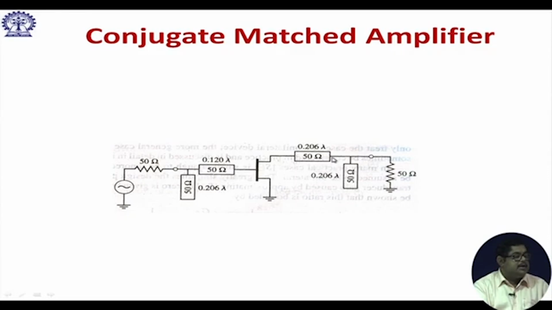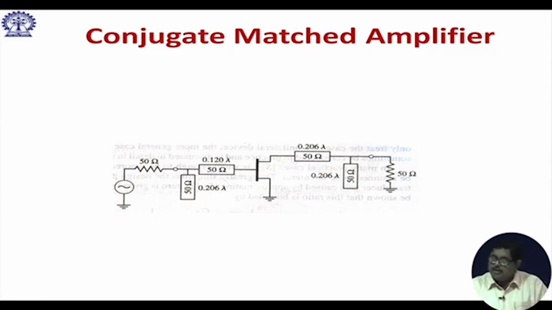Similarly, here, a transmission line of length 0.206 lambda, and the stub is also 0.206 lambda. Now from this side the source will see a 50 ohm impedance. Similarly, from this side the load will see a 50 ohm impedance. This is the conjugately matched amplifier. With this example we conclude conjugate matching.